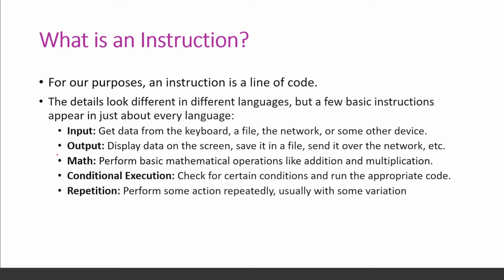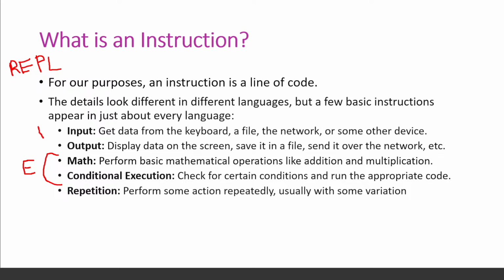And so some people will also take these two, math and conditional execution, and put them together, and we'll just call that E for evaluation. We can take these 4 and put them into something that we call a REPL, which stands for read, evaluate, print, and loop.